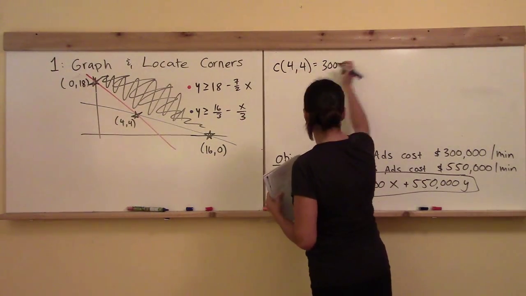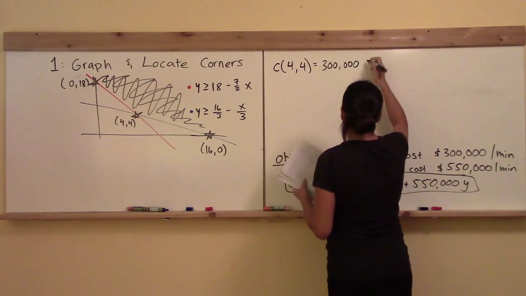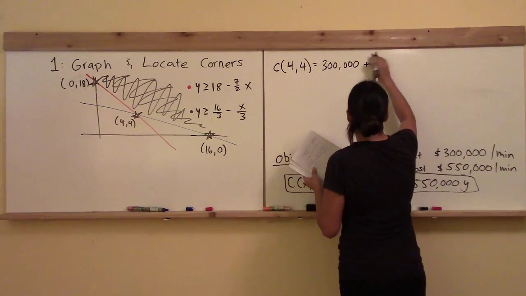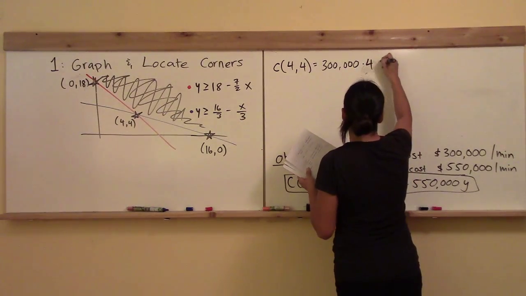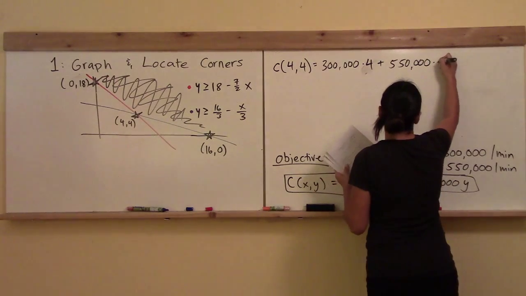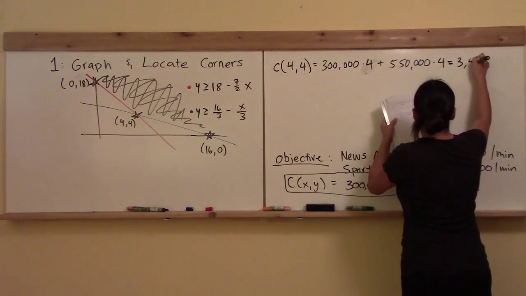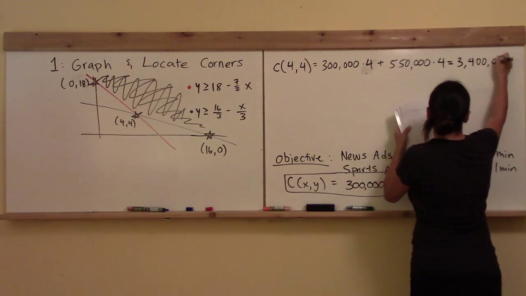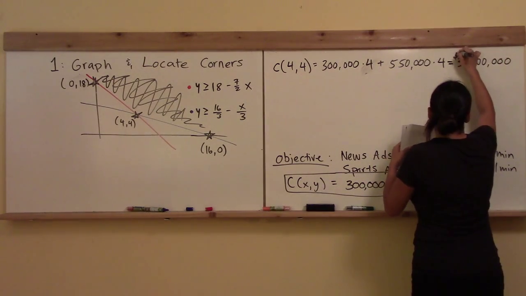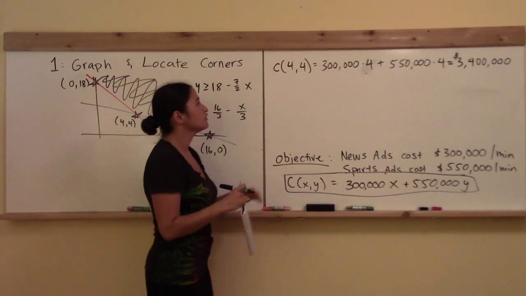If I ran 4 news ads at a cost of $300K each, and 4 sports ads at $550,000 each, then the total cost there is going to be $3,400,000.